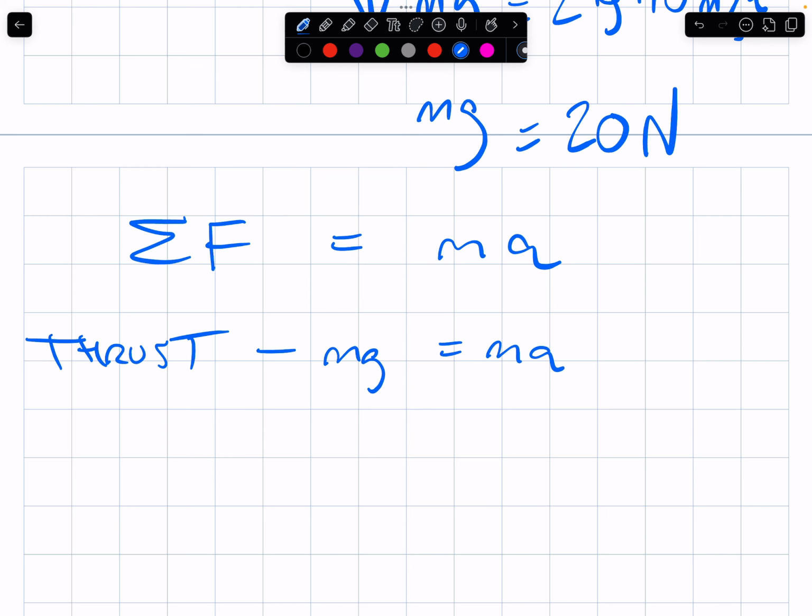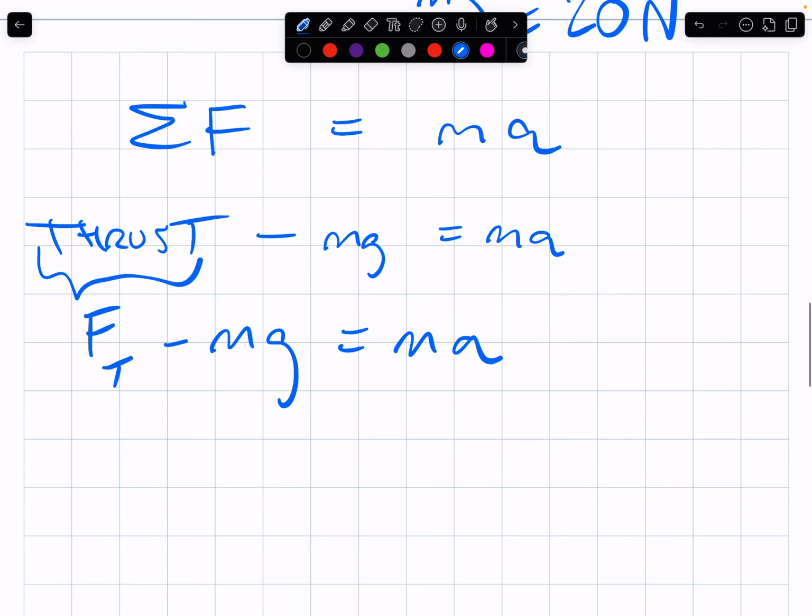Instead of writing out this whole word thrust, you could put F sub T if you wanted to. It's just less stuff to write down, as long as you can remember I'm just abbreviating this thrust force with an F sub T.